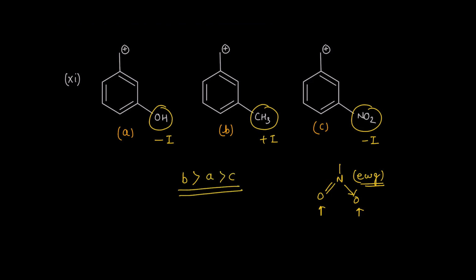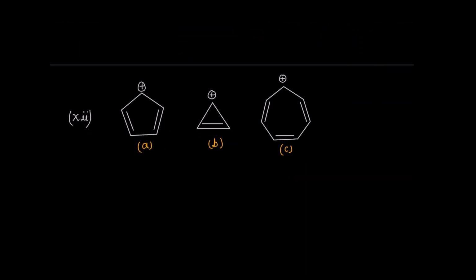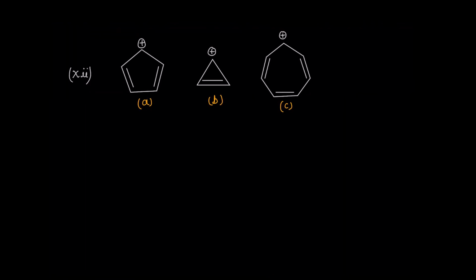Clear? Next question, we have a mix of aromatic and anti-aromatic compounds. We have studied aromatic and anti-aromatic compounds. So A is an anti-aromatic compound, because the conditions are, it should be planar, cyclic, closed loop of resonance, and 4n pi electrons.